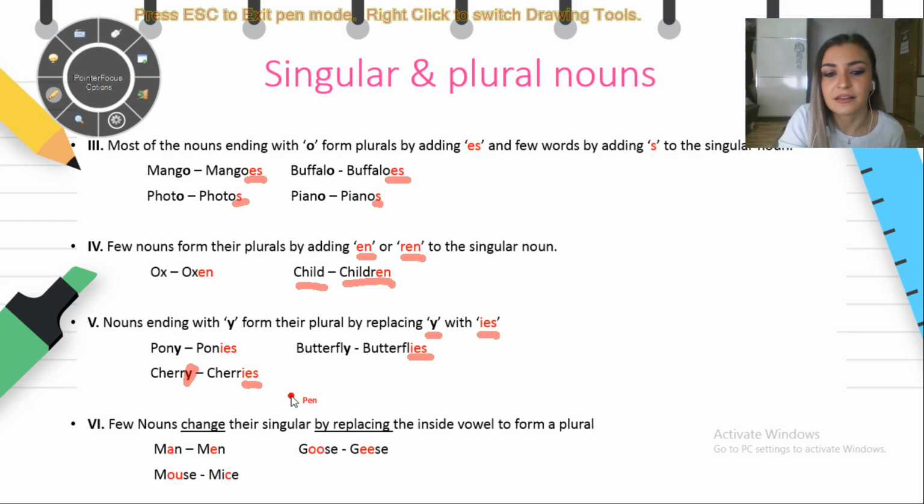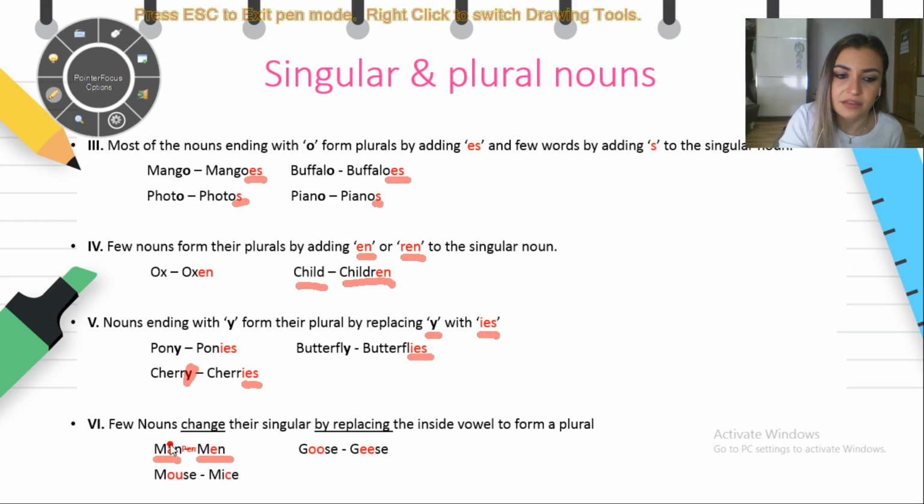some nouns in English do not take S or ES at the end of the word. They just replace the inside vowel with another vowel to form a plural noun. For example, we have the word man in singular and men in plural. What's the difference here?